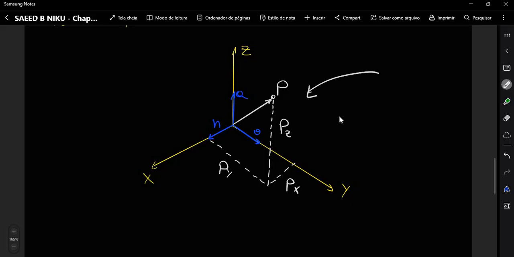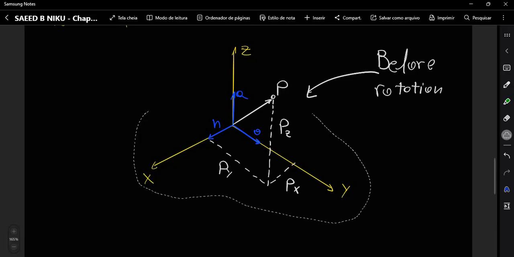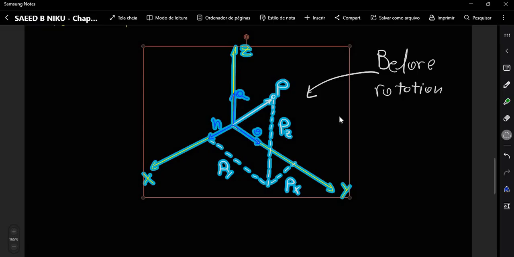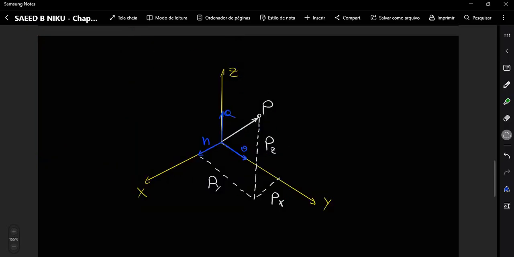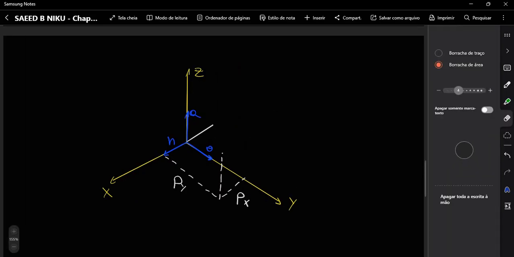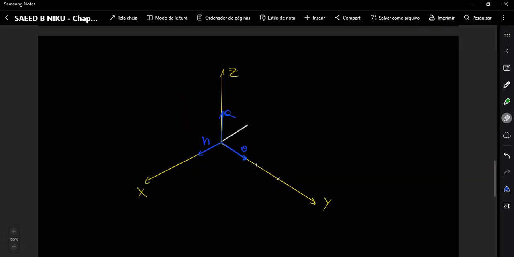So this is before the rotation, and now after the pure rotation movement, the point P will appear right here. So we're going to have our point P.